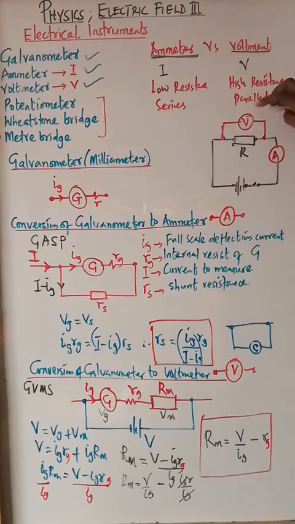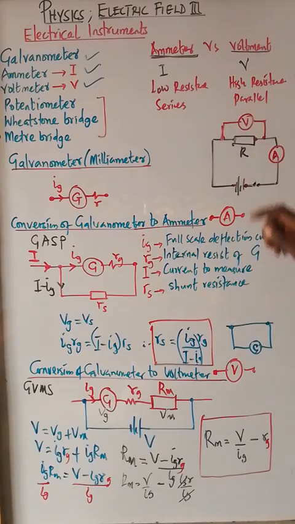Now ammeter has a low resistance. Because it has low resistance, more current will go. Current flows to the region with lower resistance. More current will flow here, and less current will enter through the resistor itself. So, because the ammeter itself will take up current, what it measures will be an incorrect value.